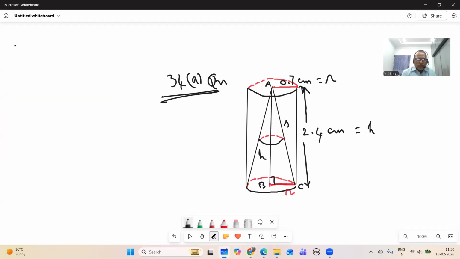What is volume? What is volume of this cylinder?